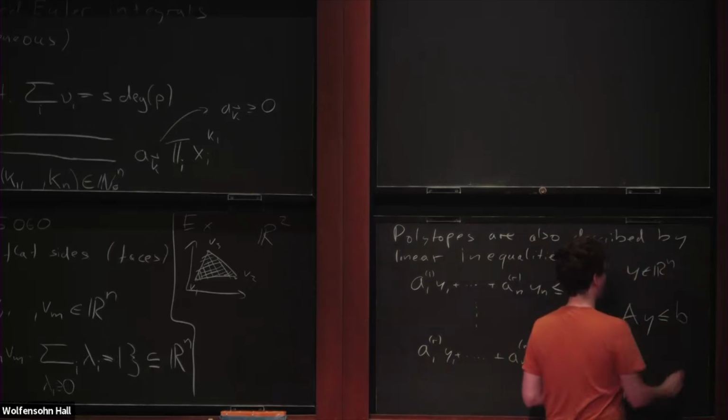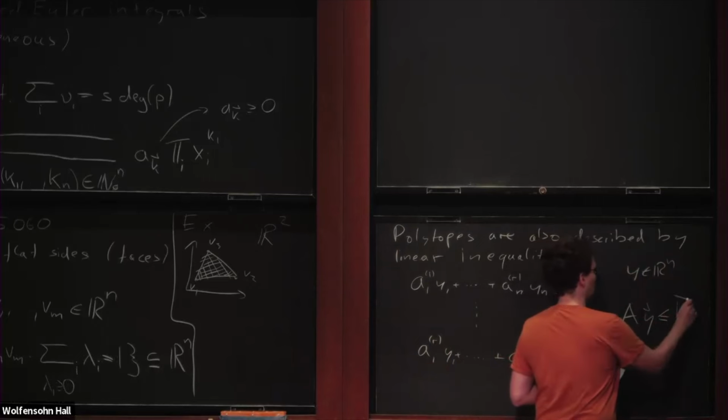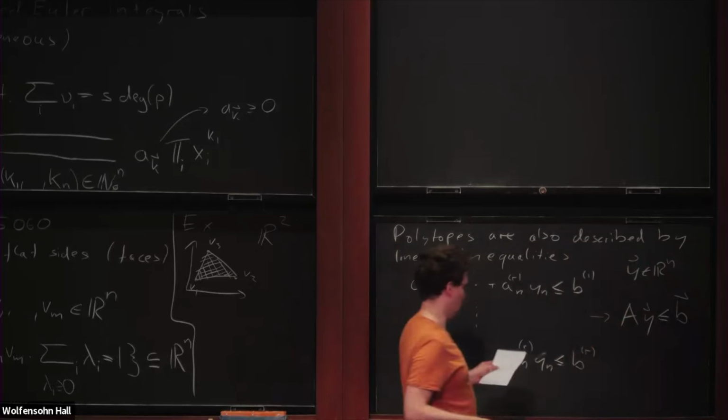This is supposed to be smaller than some vector b.